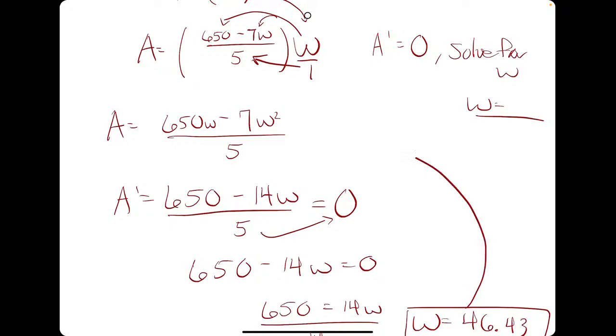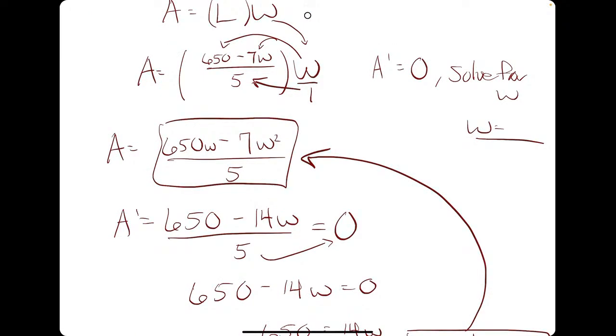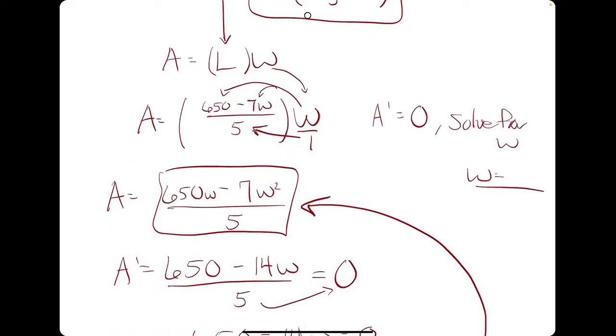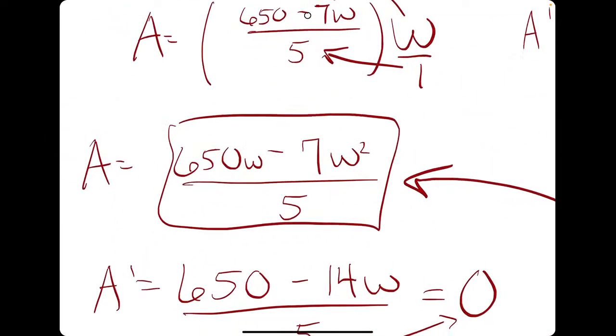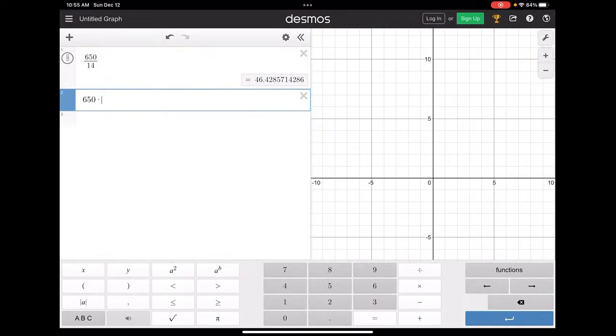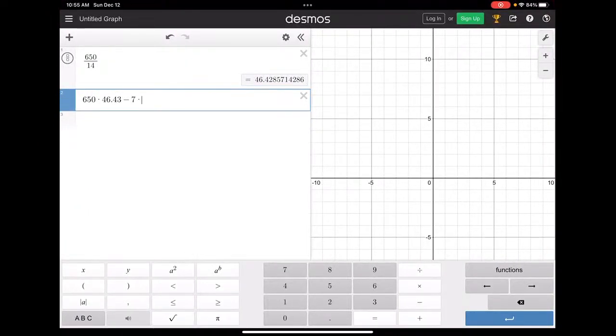So now we plug the width back into the area that is all in terms of W. That's the most efficient way because we could do the length times width, but then we'd have to find length separately, and it would just take a little bit longer. So we're going to plug in 46.43 into this 650 times W. 650 times 46.43 minus 7W squared, and then this whole thing should be divided by 5.